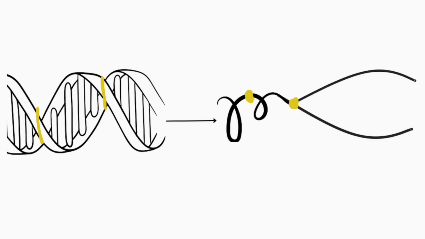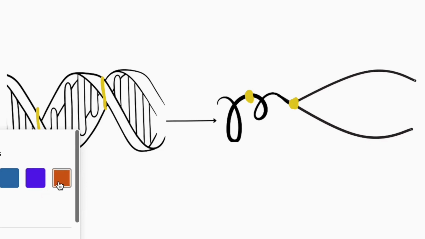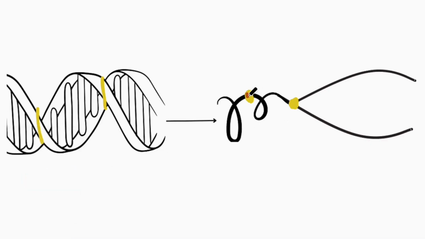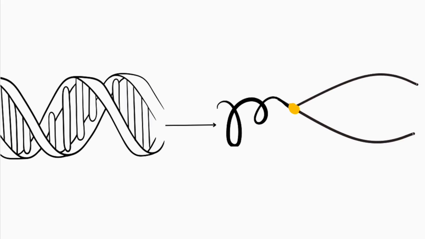But in order to prevent further supercoiling, we need an enzyme known as topoisomerase. I'm changing the color so that it doesn't confuse you between helicase and topoisomerase. So helicase is yellow, which zips it and binds at the replication fork, and topoisomerase causes the break and removes the supercoiling of the DNA.